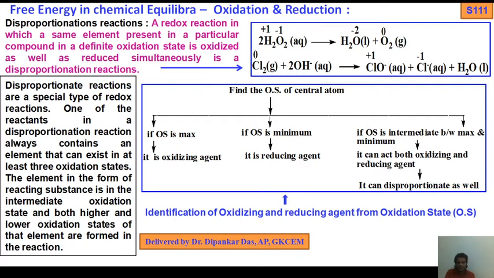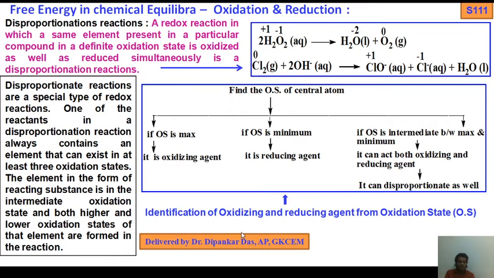Find the oxidation state of the central atom. If the oxidation state is maximum, it is an oxidizing agent. If the oxidation state is minimum, it is a reducing agent. If it is intermediate between maximum and minimum, it can act as both oxidizing and reducing agent. It can also disproportionate.